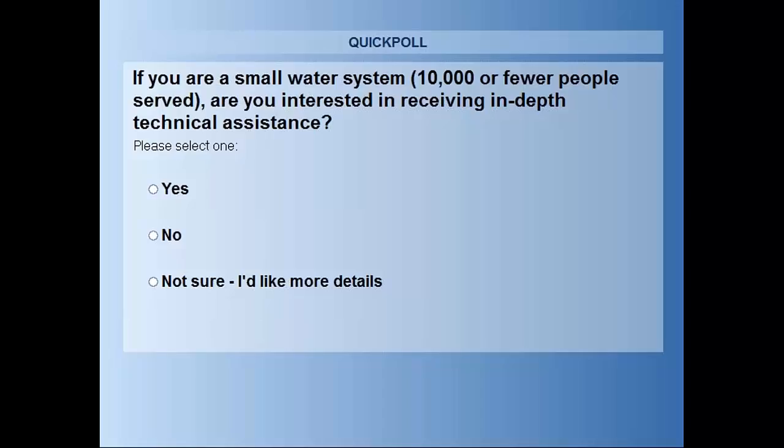And this allows us to give up to 20 hours of our time from our professionals, my colleagues from the EFC network, at no cost to you, other than, of course, you'll need to provide us with a little bit of your time and some data to crunch on to try and help you with your issue around water loss reduction, rate setting, capital planning, energy management, any of the different areas of the project that Laura mentioned earlier.